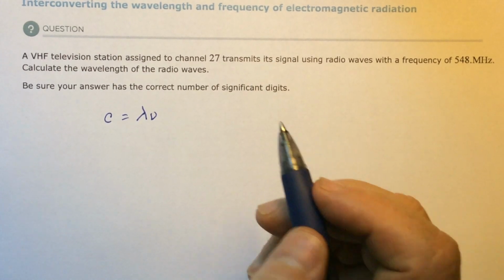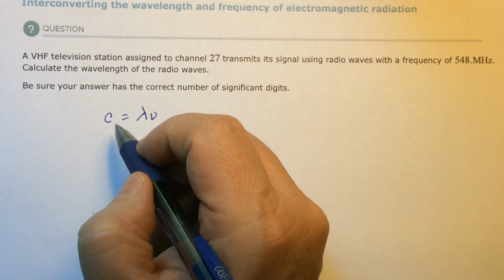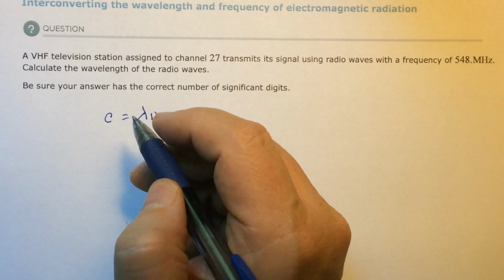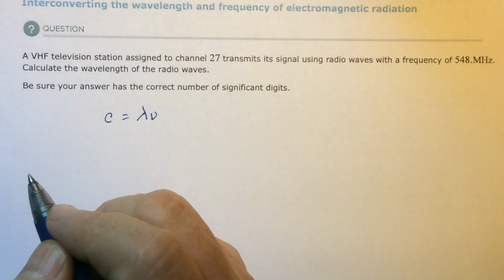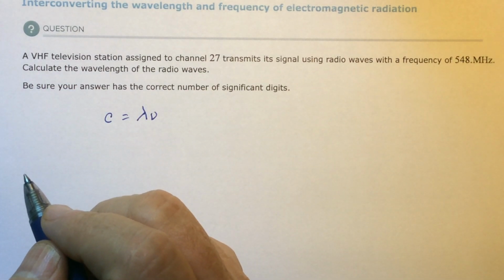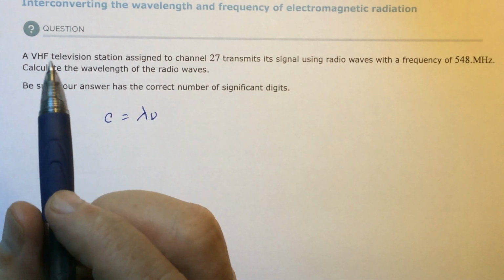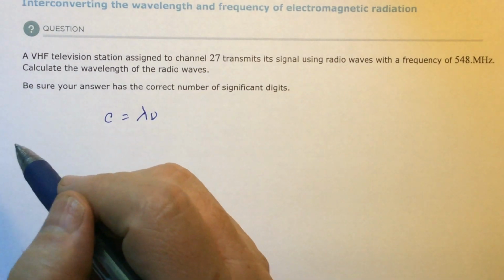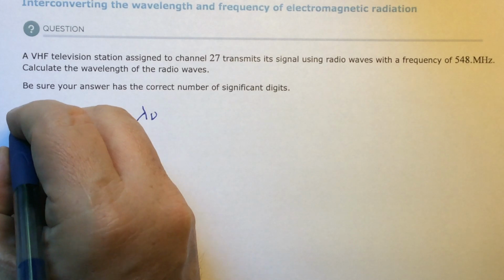You're going to see that this is a constant. It's always the same. It's 3 times 10 to the 8 meters per second. ALEKS is really particular, and if you press the data or the calculator button, you can pull up those values and it'll actually put it into your calculator.